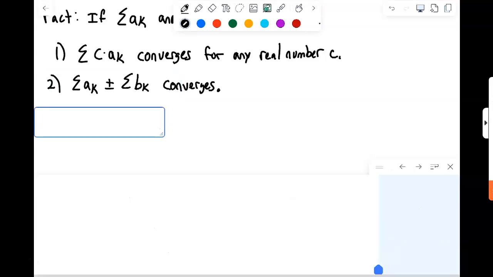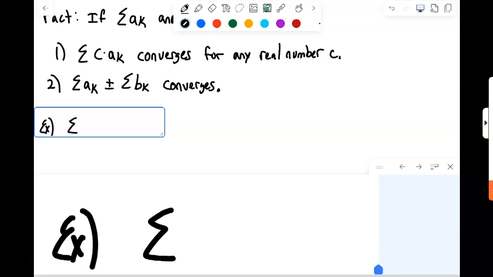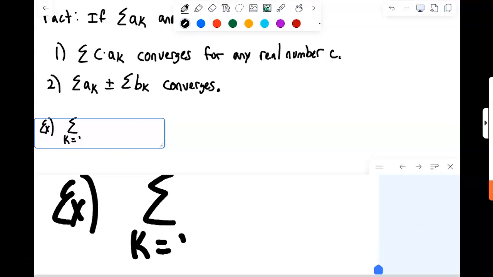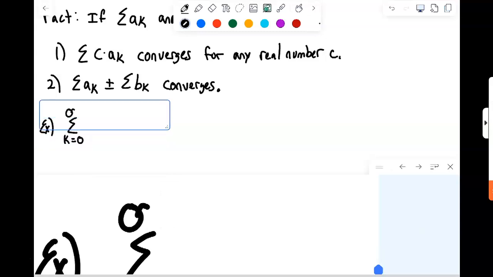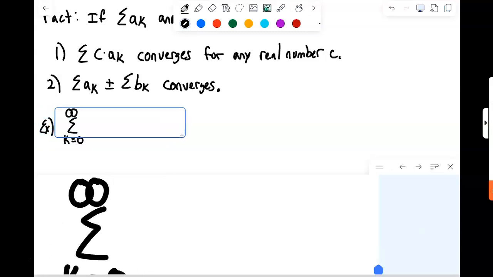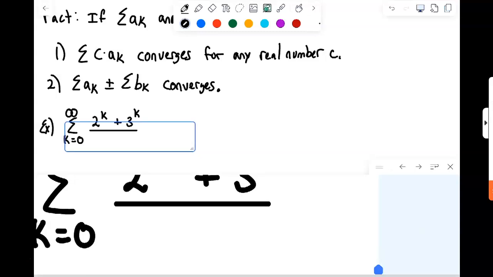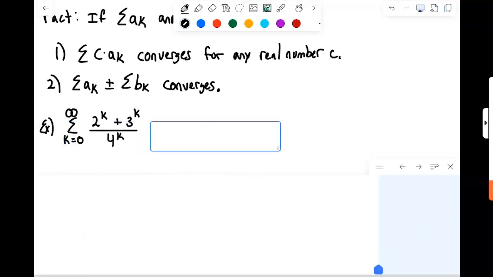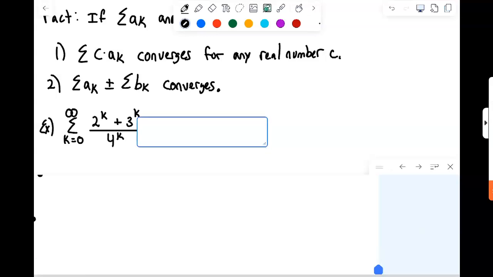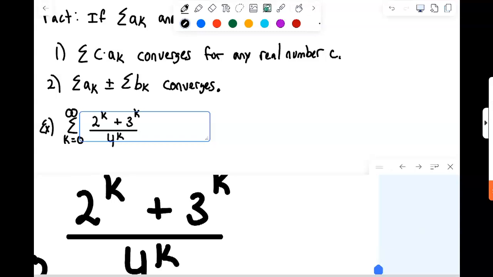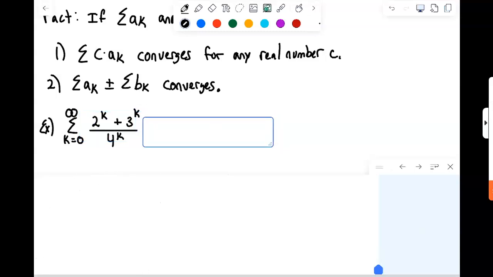Okay, so let's look at our first example here. Let's look at the sum as k goes from 0 to infinity of 2 to the k plus 3 to the k, all divided by 4 to the k. So this on its own doesn't fit any of our things. Boy, this would not be fun to try and integrate, at least in its current form.